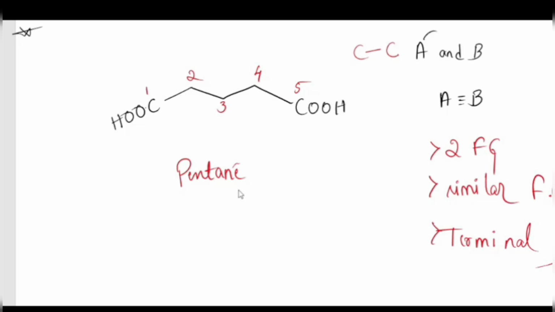And how many functional groups are there? That is two, so I will use di, without a hyphen, and the suffix oic acid. This is pentanedioic acid, the IUPAC nomenclature for this particular compound.